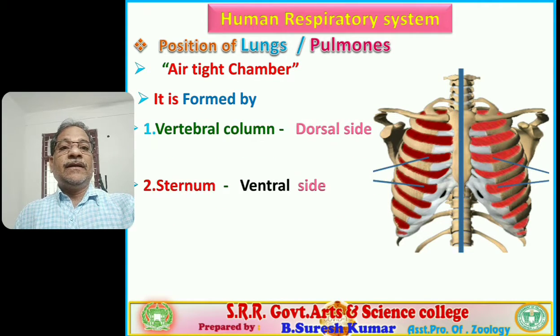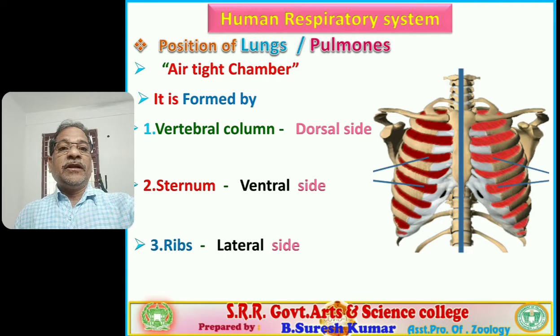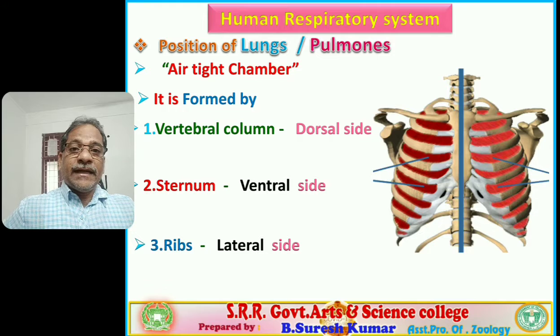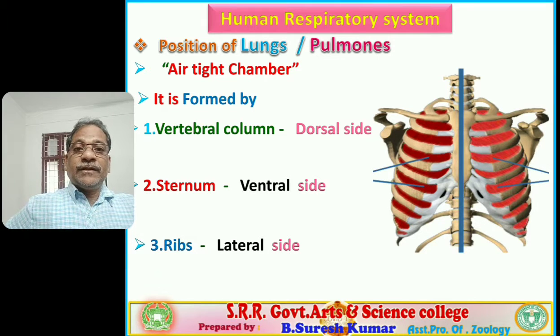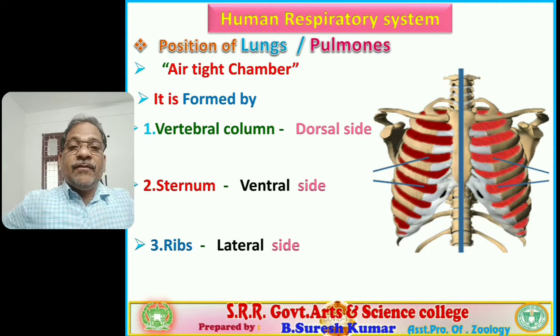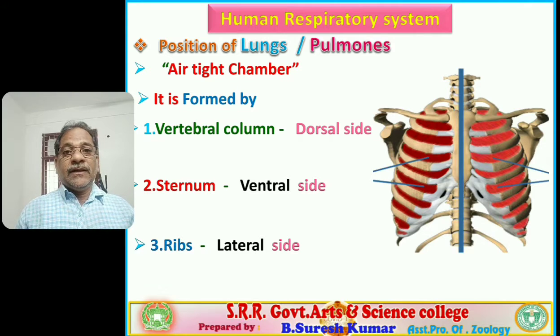And next, the third part, ribs at the lateral sides. The flat bones extended from the sternum towards the vertebral column are called ribs, and these ribs form a rib cage.